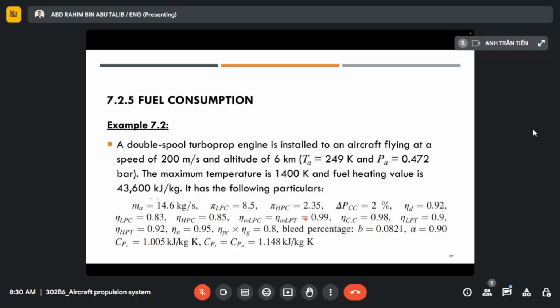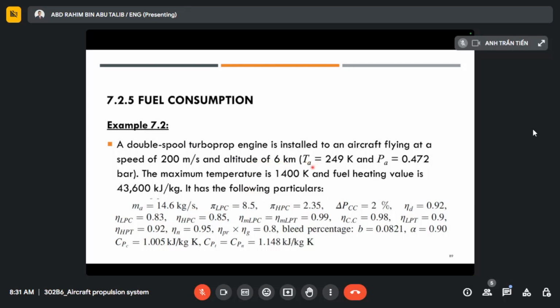Let us go into another example. We have example 7.2. A double spool turboprop engine is installed on an aircraft flying at a speed of 200 meters per second at an altitude of 6 kilometers.